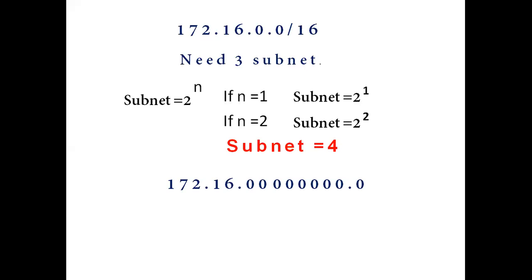How many bits am I going to convert? Only 2. So now I'm going to convert these 2 host bits into network bits. So now I have 18 network bits here. So the subnet mask will be 255.255.192.0.